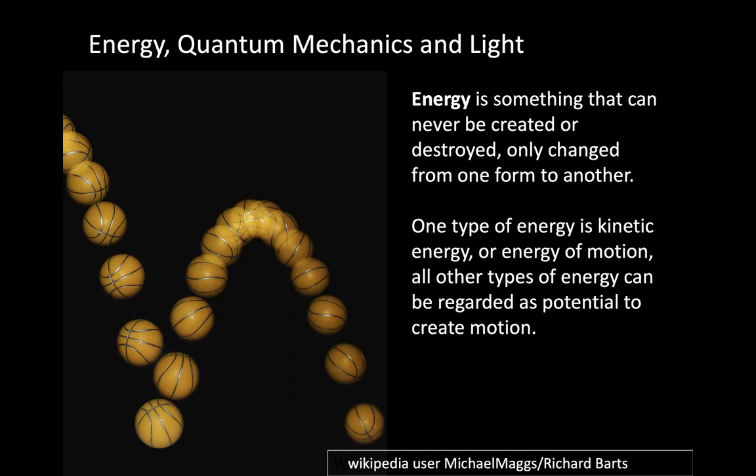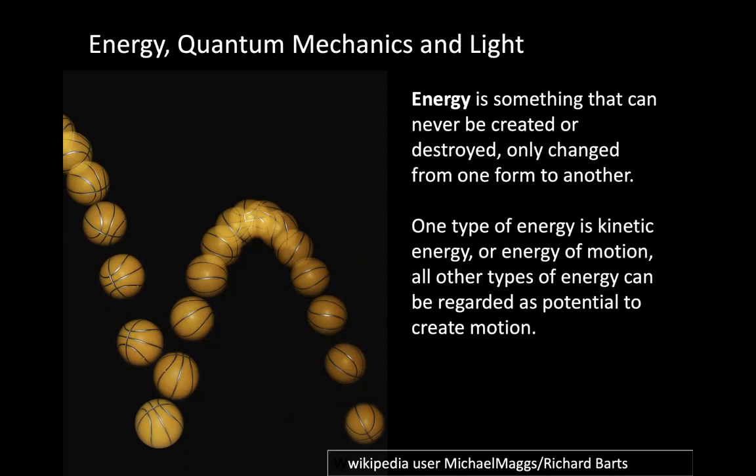Now, energy is something you've probably heard about a lot, but in physics, it has a very well-defined meaning. It is essentially the one quantity in a system that cannot change over time. This is actually built into its definition. The form of energy can change, but the total energy cannot change.